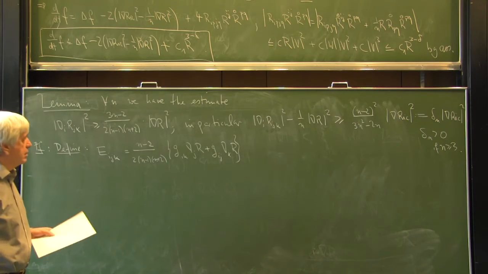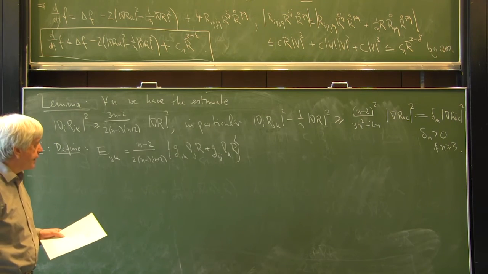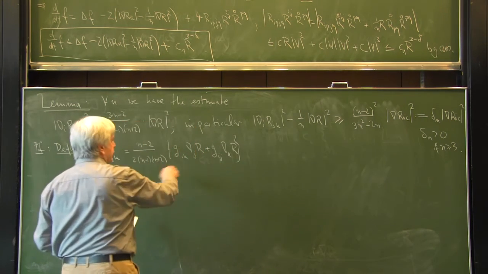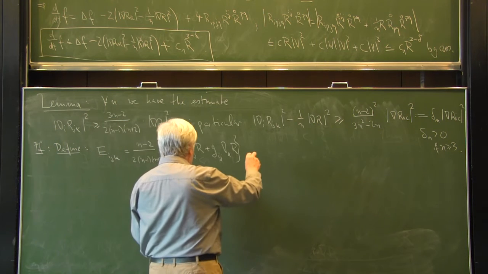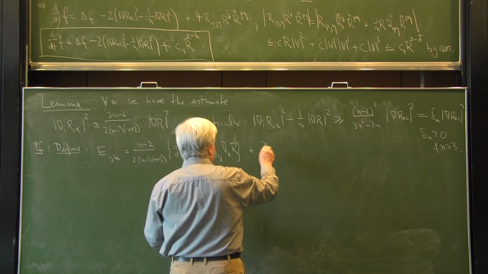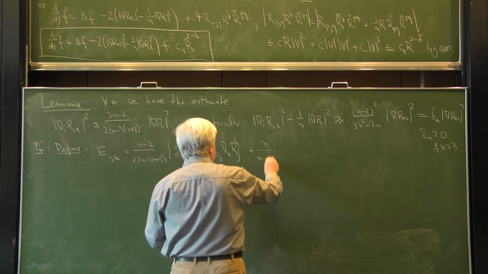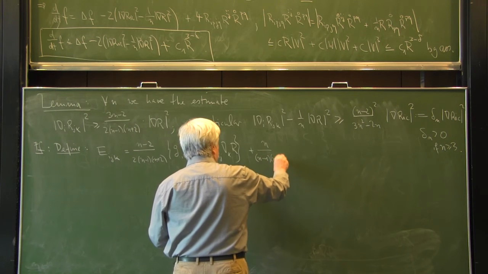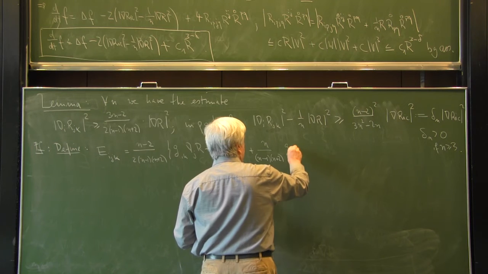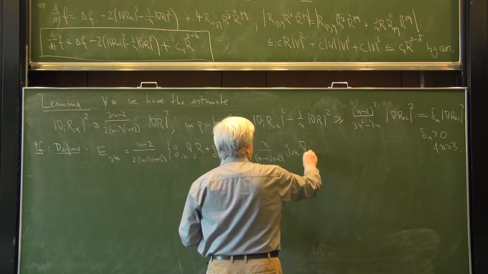So this is because it's symmetric in j and k, we can use the same coefficient for both these terms, but the other coefficient has to be different, so we take n divided by (n minus 1)(n plus 2) times g_jk times gradient_i r.